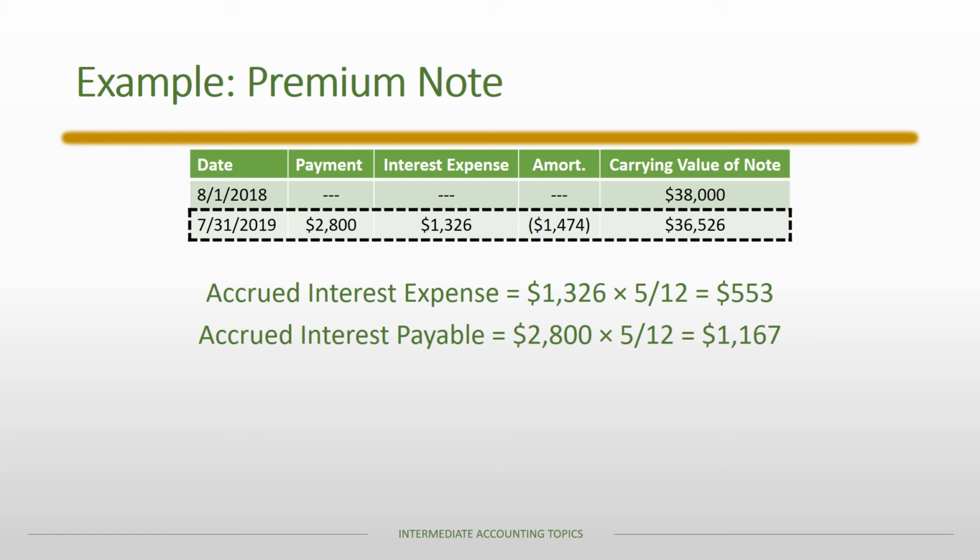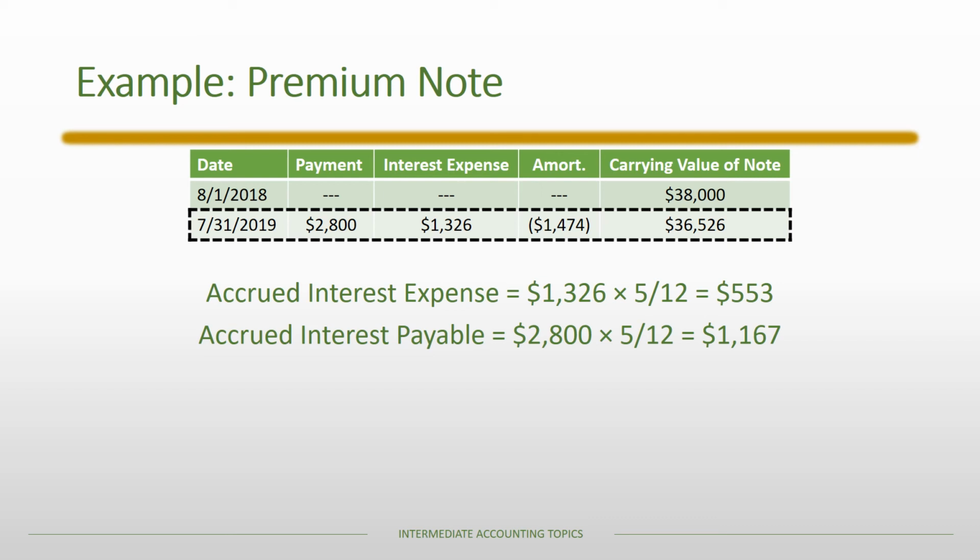Now, in this case, because the interest payment dates do not coincide with a fiscal year end, we do have to partially accrue interest at the end of each fiscal period, just like we had done with the bonds. And so in this case, from the issuance of the note until the first fiscal year end, December 31st, 2018, our interest expense is going to be $1,326 times the 5/12 that have passed.